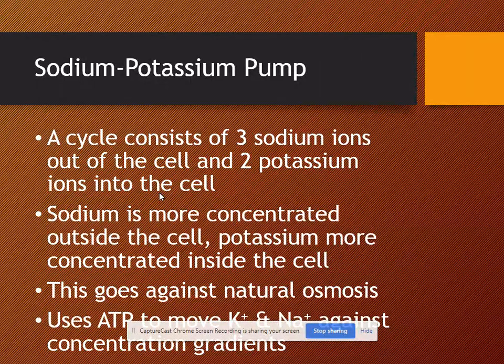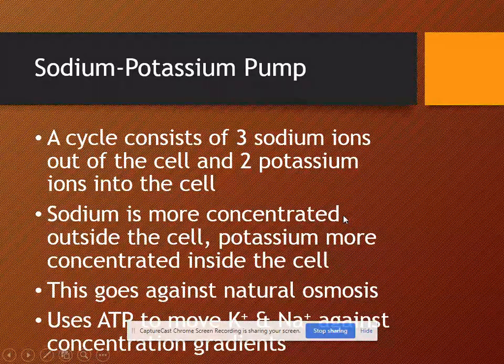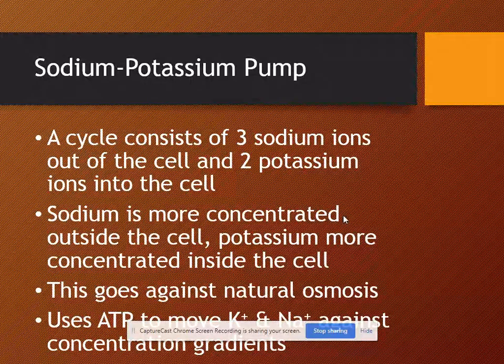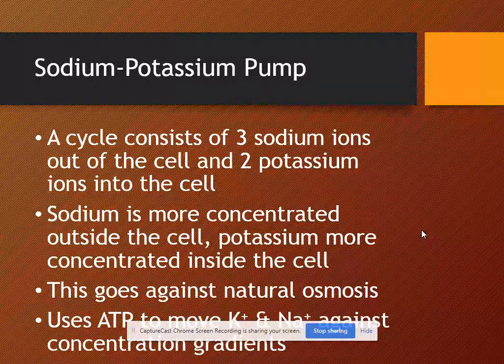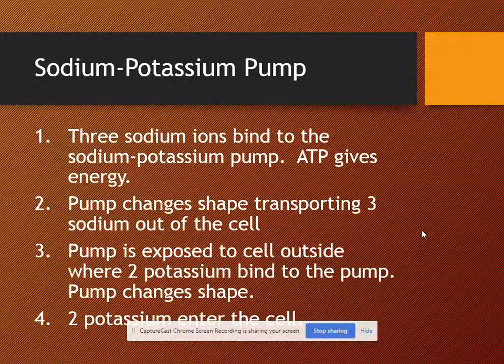Diffusion, passive transport, and osmosis do not work that way. This is opposite. And there's a reason why we want to do this, and that is to maintain a regular system within your body. If this were off a little bit, maybe I have too much sodium inside the cell, that might interfere with homeostasis of the cell.